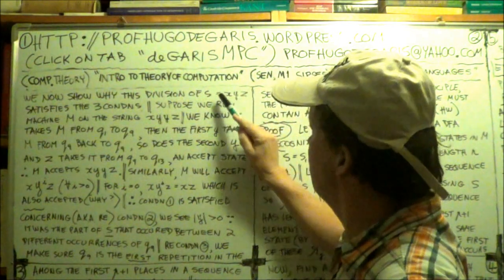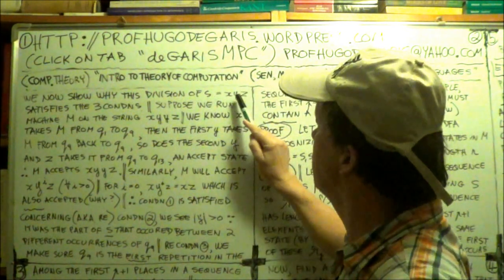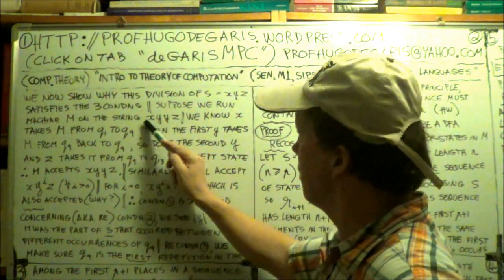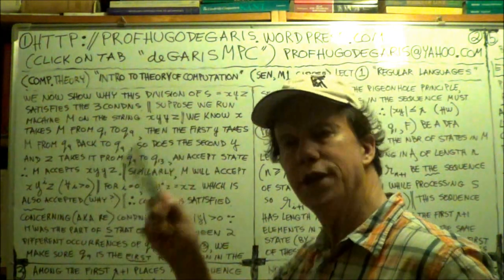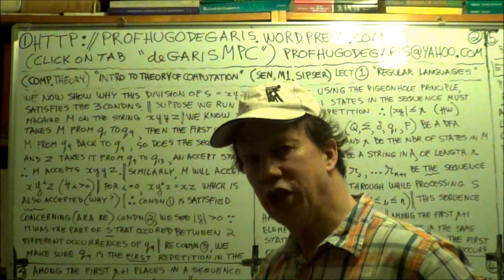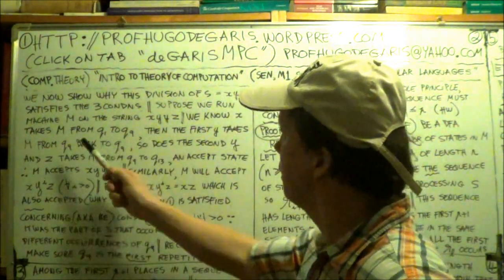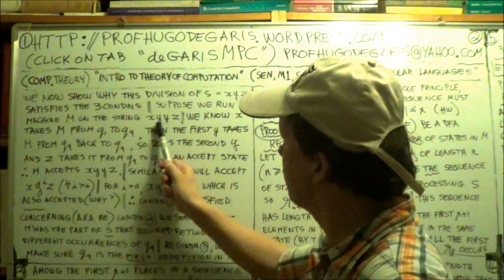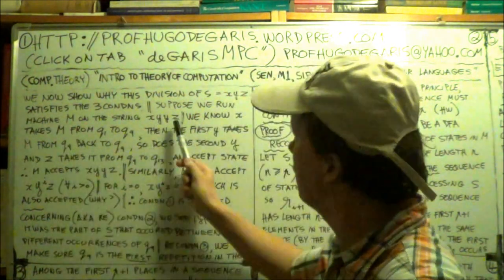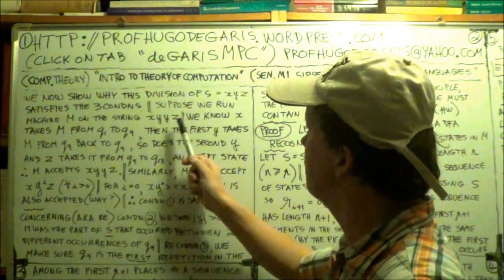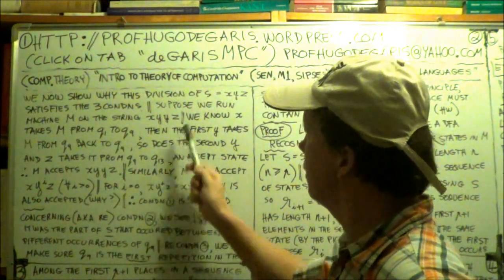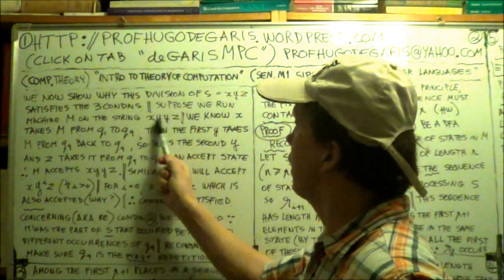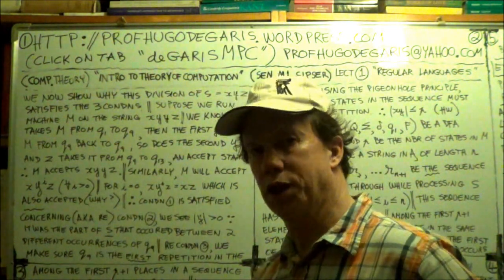If you pump this string a little, so you now have two copies of Y here, then as this string goes in, the sequence of states of the machine M will go from Q1 to Q9, and then Q9 to Q9 for the first Y, and then again Q9 to Q9 for the second Y, and then from Q9 to Q13. So in other words, this is accepted. This string belongs to the language.